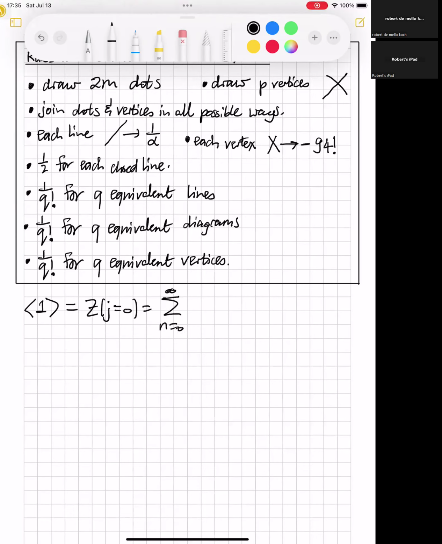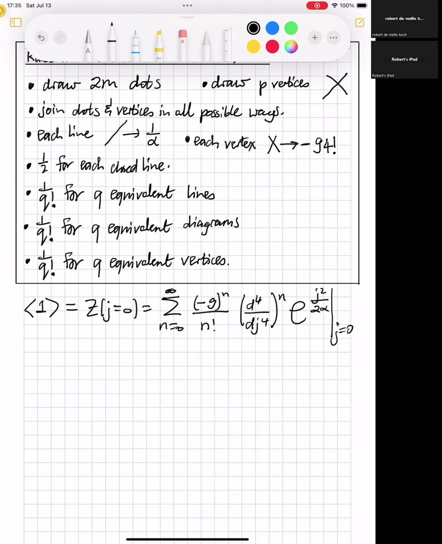So this is a sum from n equals 0 to infinity of minus g to the n over n factorial, then we have d^4/dj^4 raised to the power of n, acting on e to the j squared over 2 alpha, and then we evaluate this at j equal to 0.